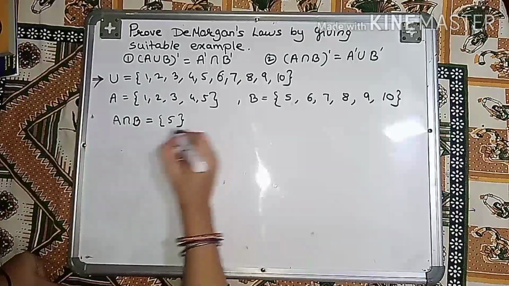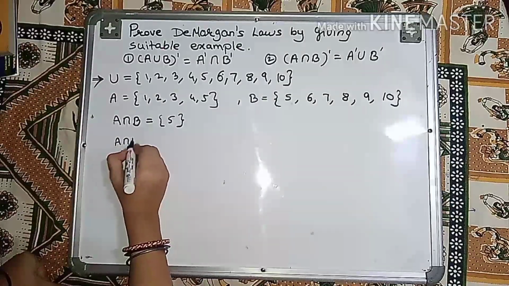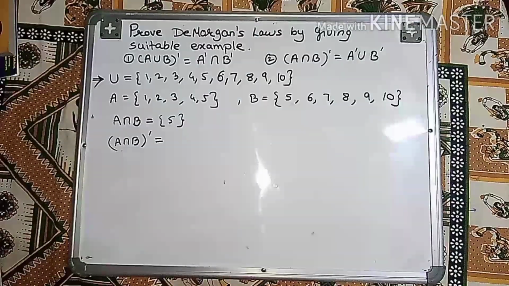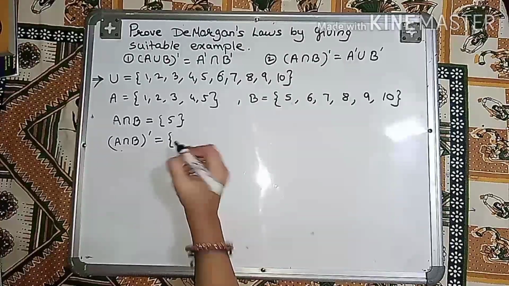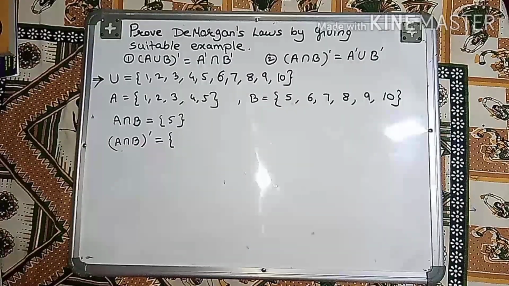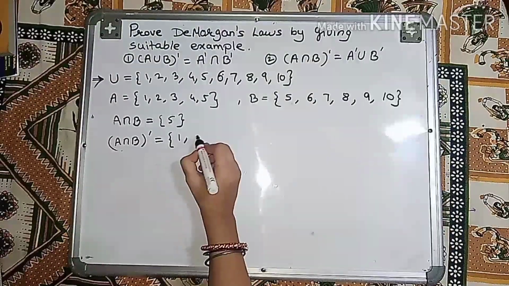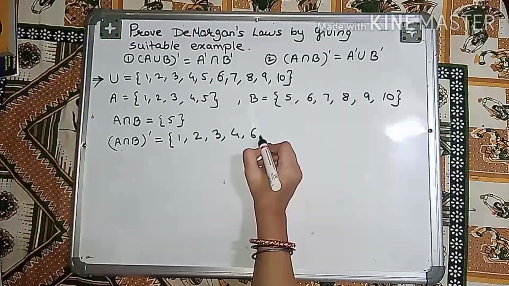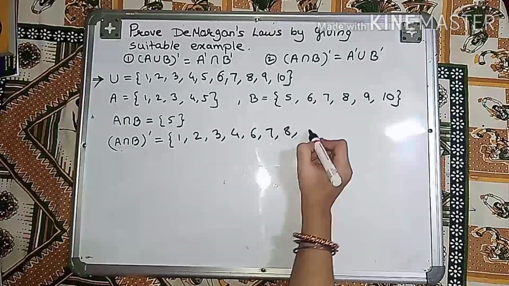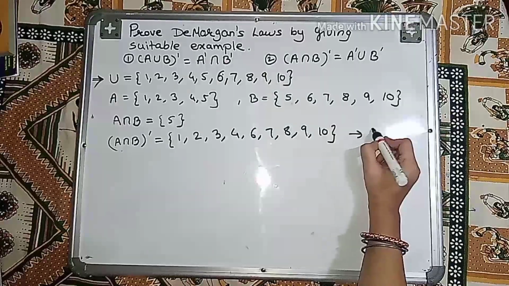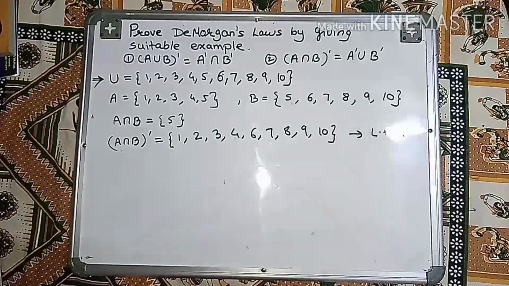Now what is the complement of A intersection B? The elements of U which are not in A intersection B: 1, 2, 3, 4, 6, 7, 8, 9 and 10. So this is our LHS.